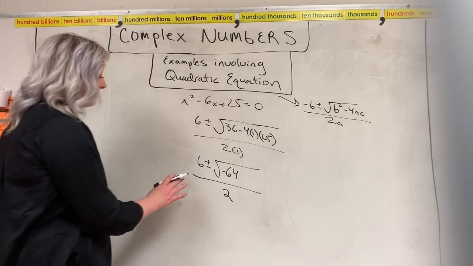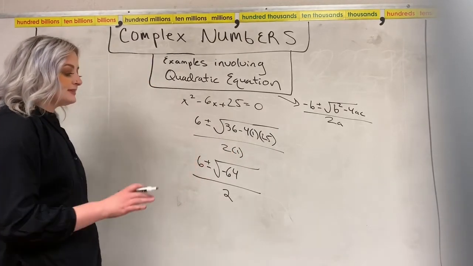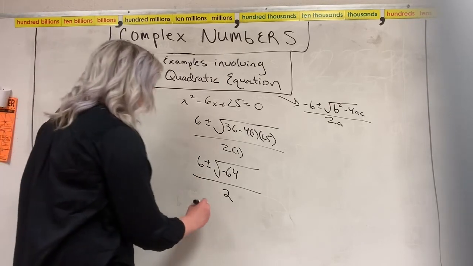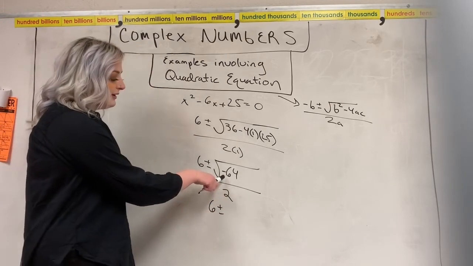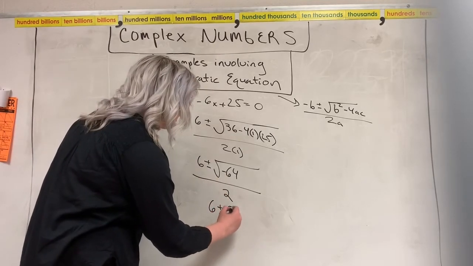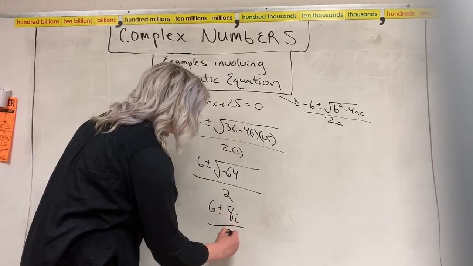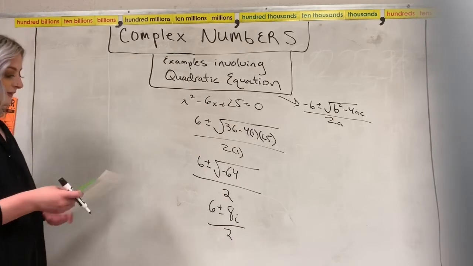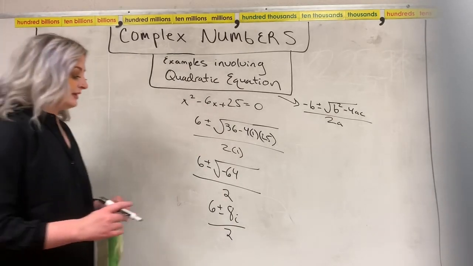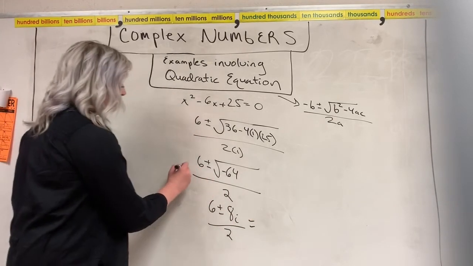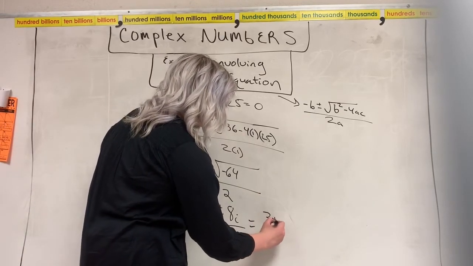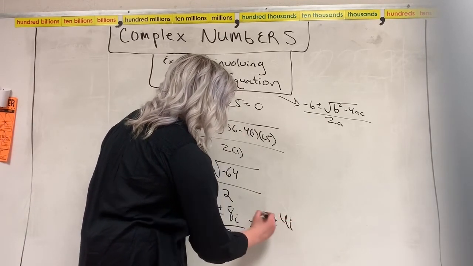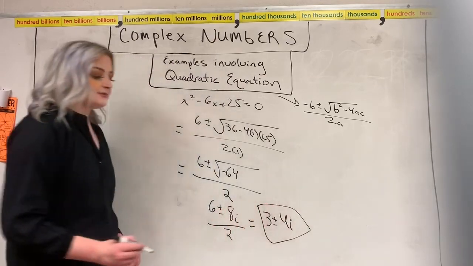Okay, and so we have 6 plus or minus the square root of negative 64 over 2. And so we can put 6 plus or minus, the square root of negative 64 is 8i, over 2. And then lastly, we can take a 2 out of everything again, and so we will have 3 plus or minus 4i as our final answer for this one.